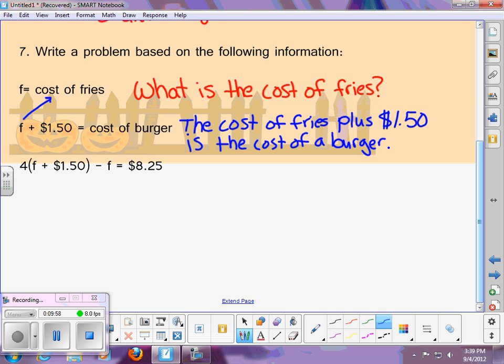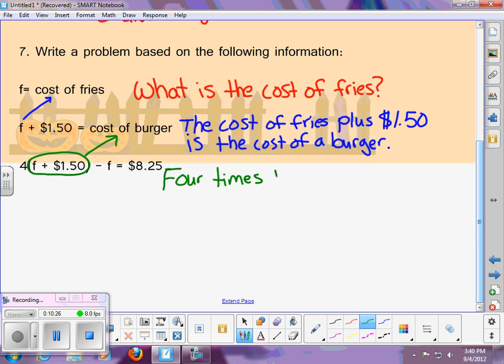And then my last statement, we begin by saying 4 times, and here I will not say 4 times the quantity, f plus $1.50, because this quantity, f plus $1.50, actually stands for the cost of a burger.